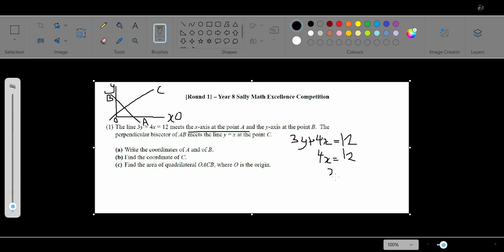Simplifying it, x = 3 because 12 divided by 4 is 3. So the coordinate for point A would be (3, 0). I'll write it here aside, A = (3, 0), and I'll erase this due to the limit of space.